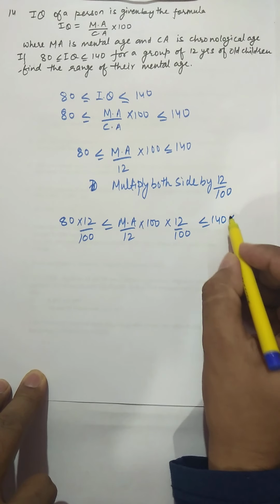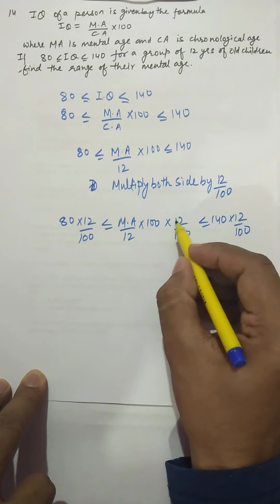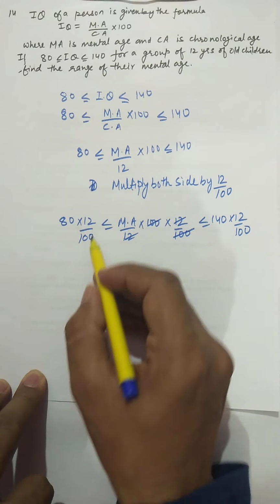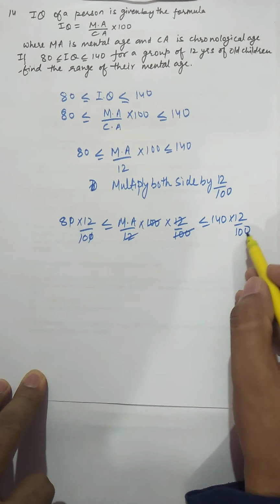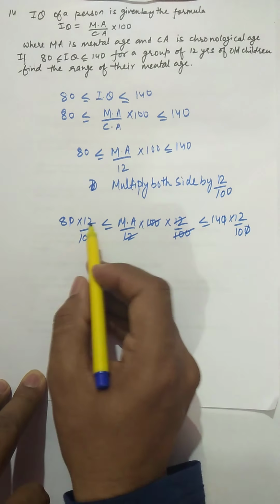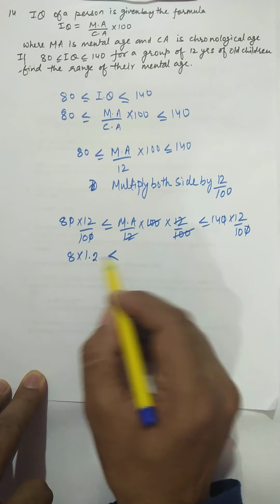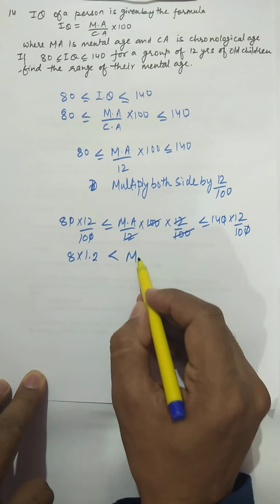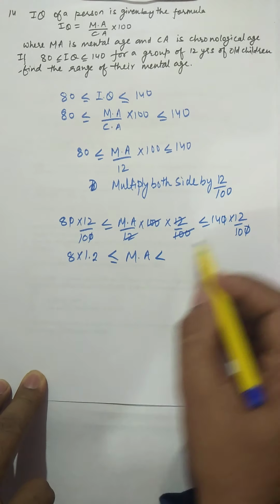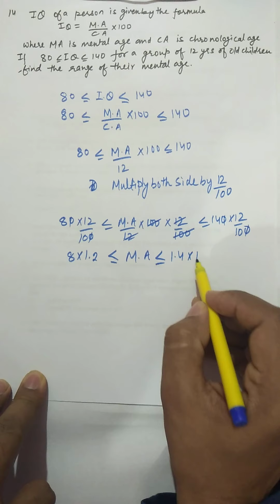This is 140, 12 upon 100. So 12 cancels, 100 cancels, and here this 0 gets cancelled, here this 0 gets cancelled. So this is 8 into 1.2, 10 you can divide. This is mental age, and this is 1.4 into 12.